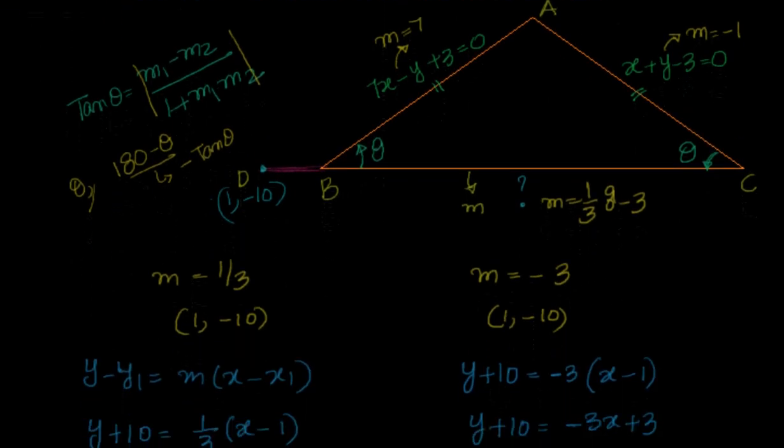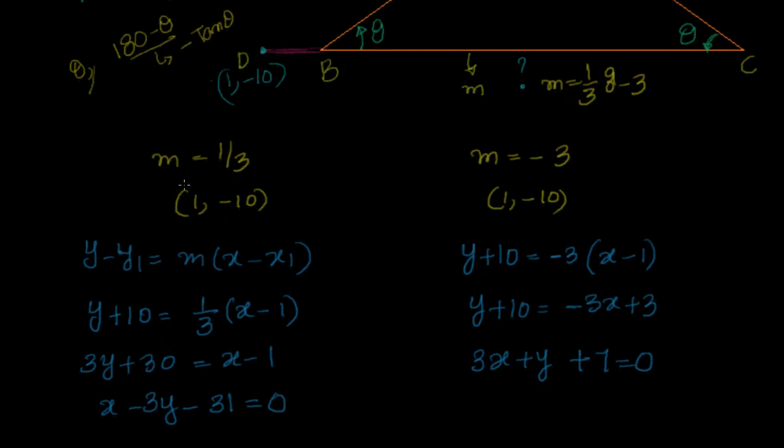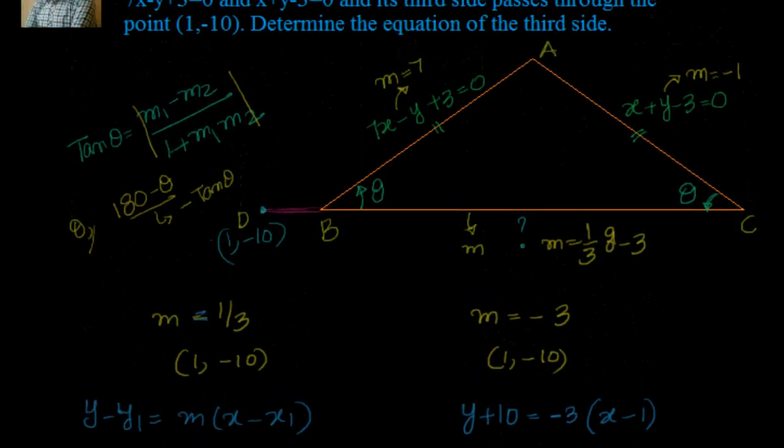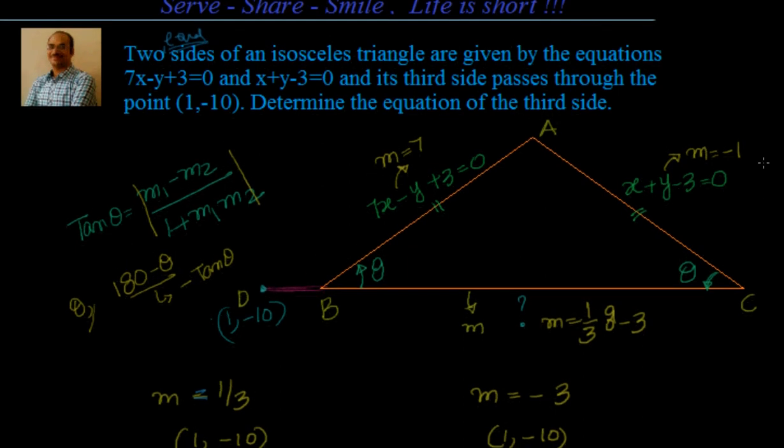Then we can find the slope by solving the quadratic equation. We got the slopes as 1 by 3 and minus 3. We know the point slope form, so we can easily find the equation of the third side, that is BC. So in the next session we will solve one more interesting example related to the same topic.